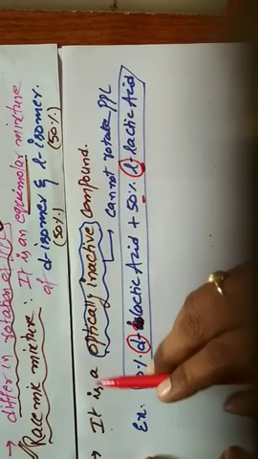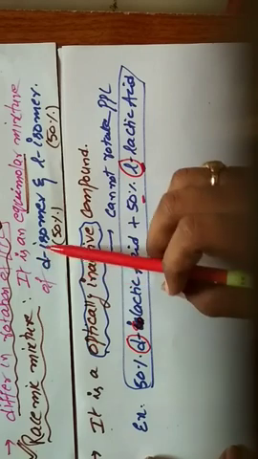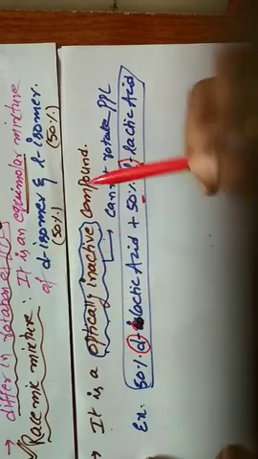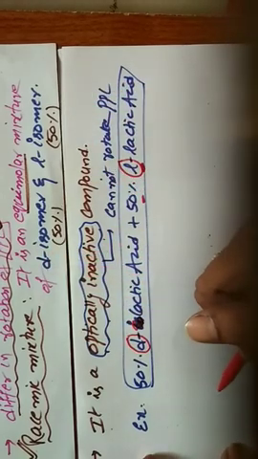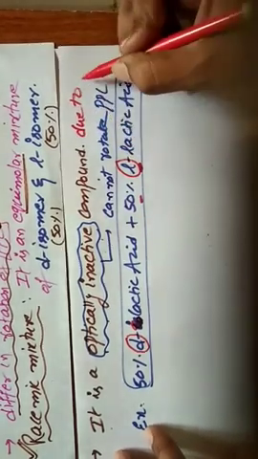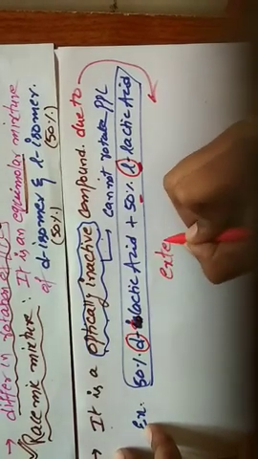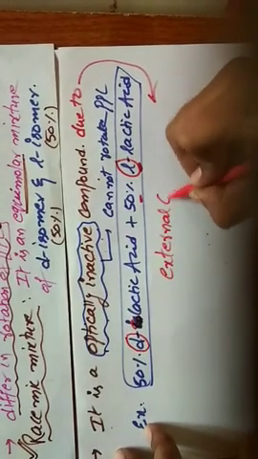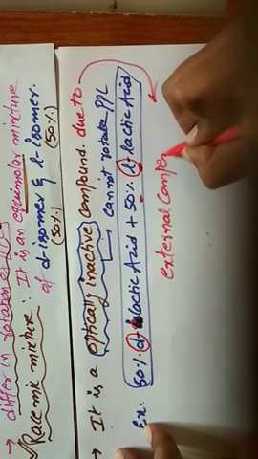So that's why a racemic mixture is an optically inactive compound, due to external compensation.